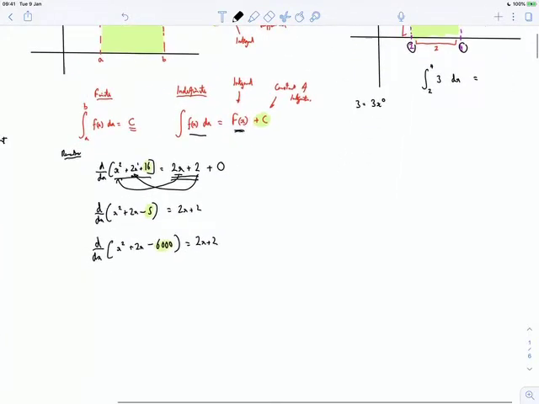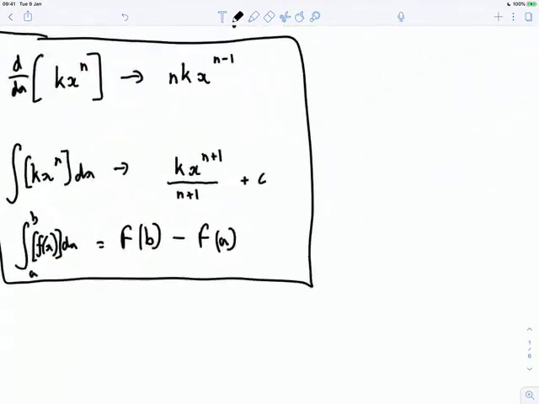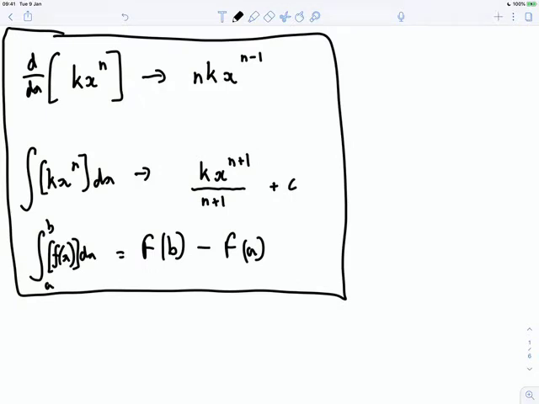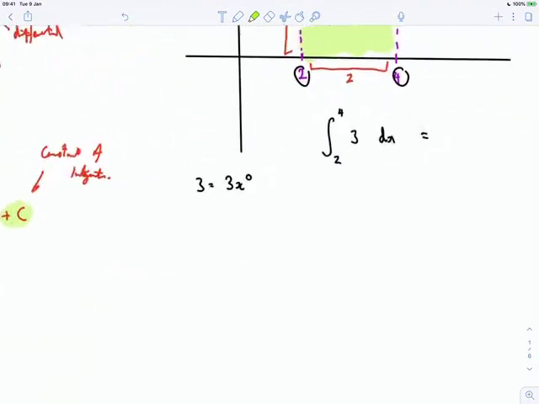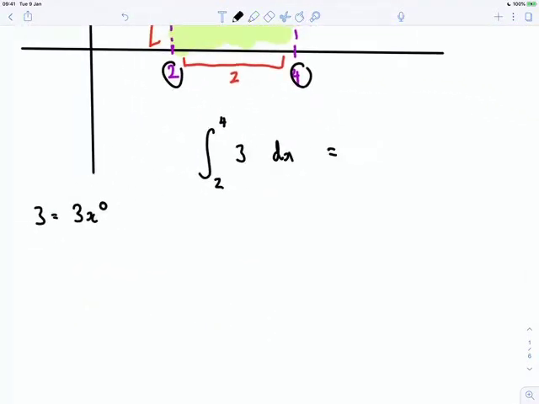And what does our rule tell us? Our rule tells us to integrate, we add 1 to the power and divide by the new power. And this works for polynomials. So if I add 1 to the power, it's going to be 3x to the 1, which is 3x, divided by 1, and then there's plus an arbitrary constant.